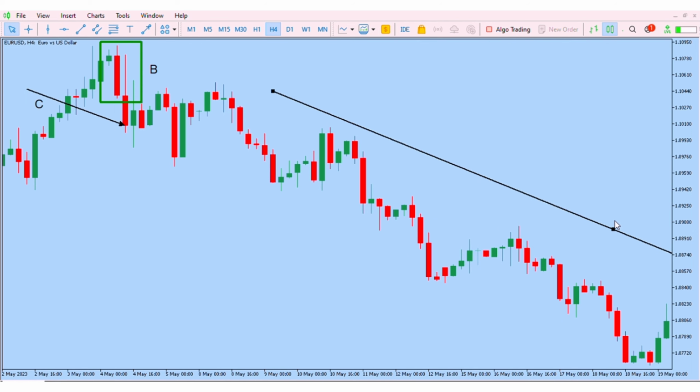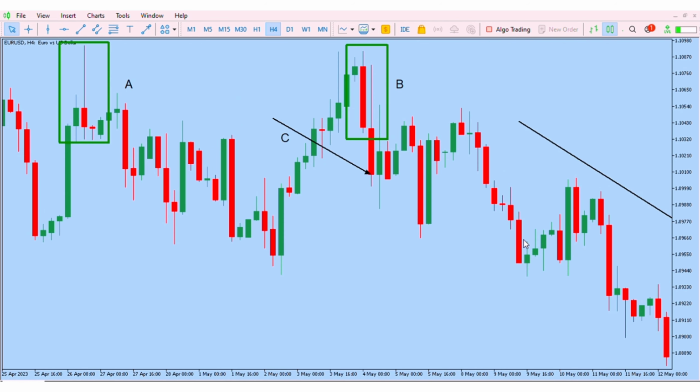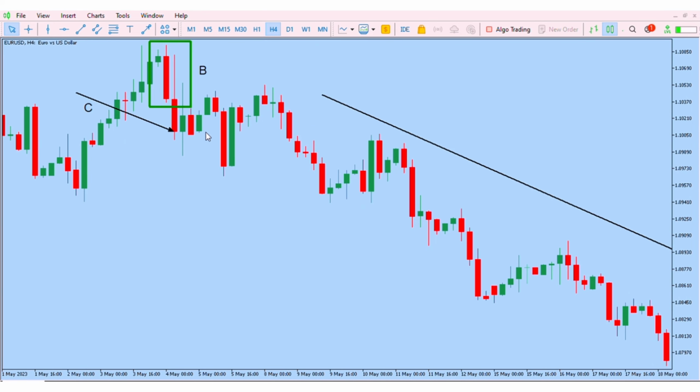If you missed out on the entry point C, the market will always present other entry opportunities when you pay attention to details. Now, let's look at the other entry points in the market.